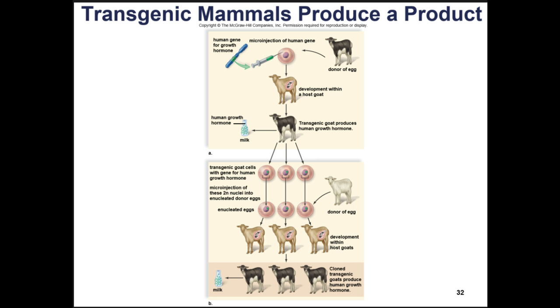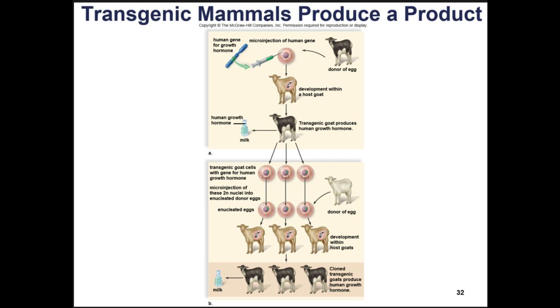In the previous segment, you saw how an insulin gene could be cloned into a bacteria in order to produce large amounts of insulin protein. In this slide, we're showing another way in which you can use biotechnology in order to produce insulin for people who don't make it themselves.